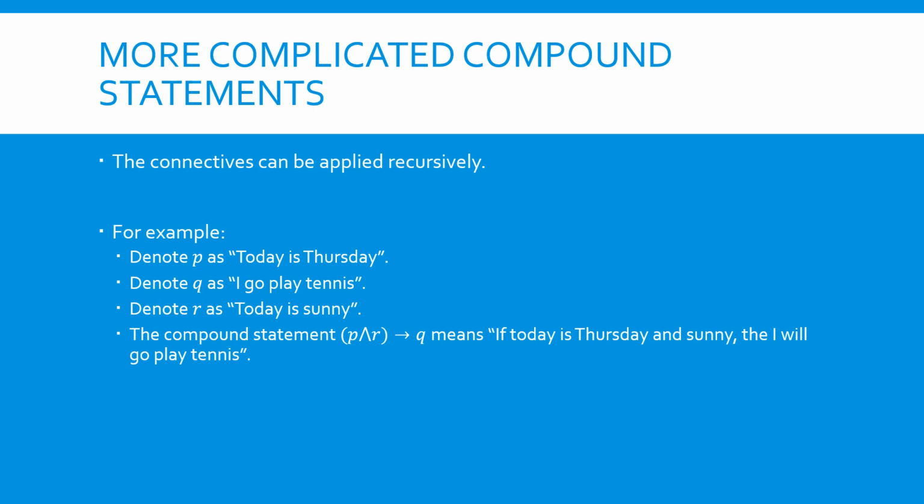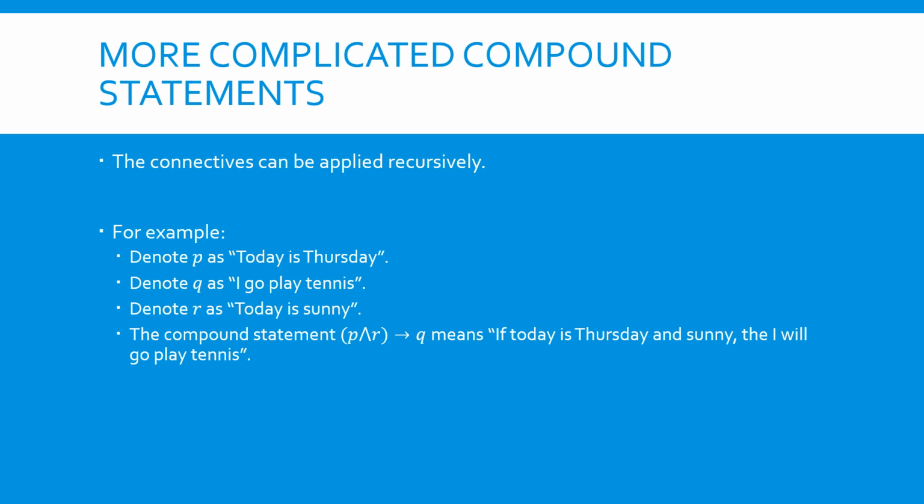We can first construct a compound statement, P and R, which says today is Thursday and sunny. Note that the compound statement is also a genuine statement. In this case, it can serve as an operand for another connective. Say we use this compound statement as the condition of an implication connective, and use Q as the conclusion.